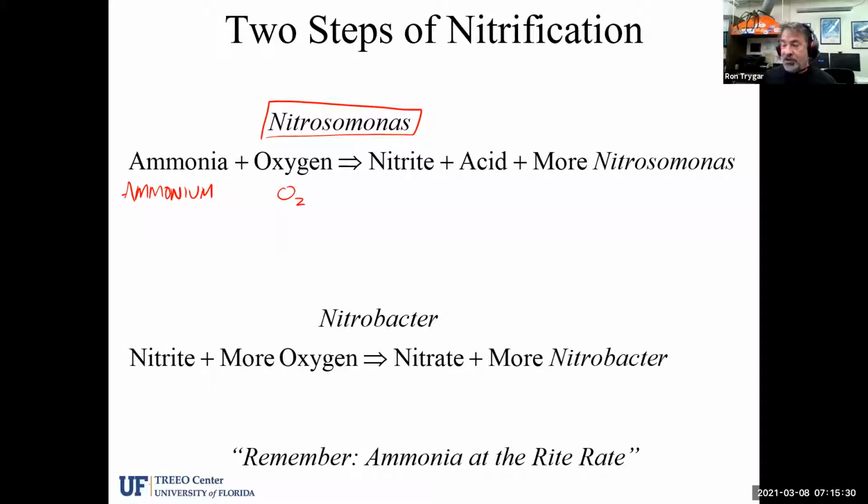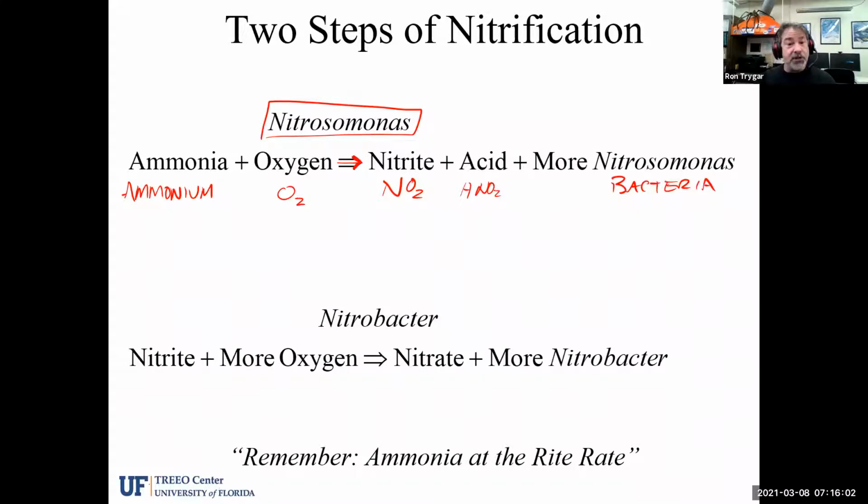But Nitrosomonas is the first group of bacteria we have, and this will yield or produce for us nitrite. We'll have some nitrous acid, HNO2, and we'll have some more Nitrosomonas being formed. So more bacteria are being produced, if everything's happy and everything's working well.